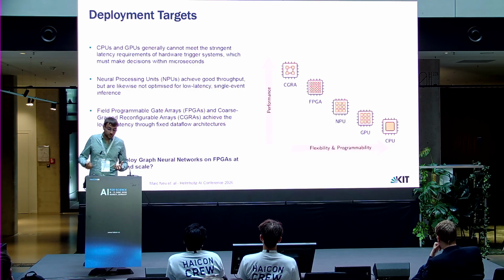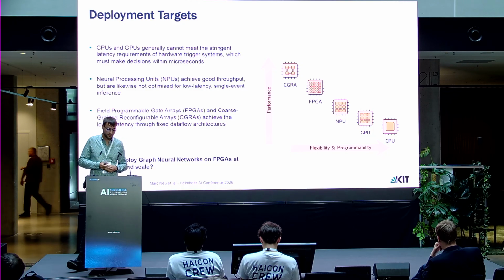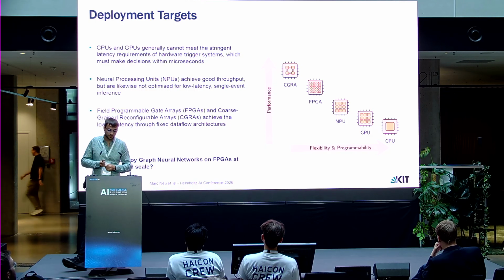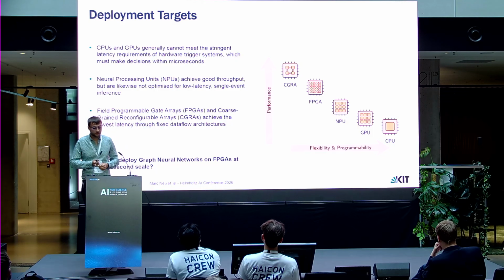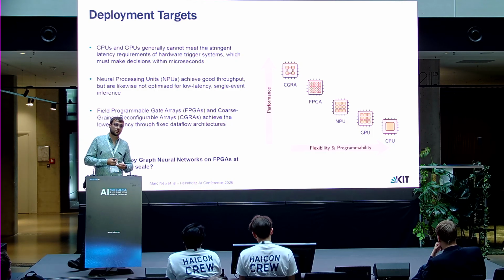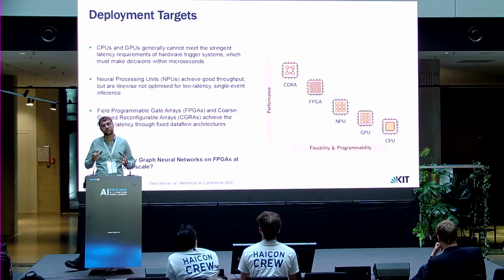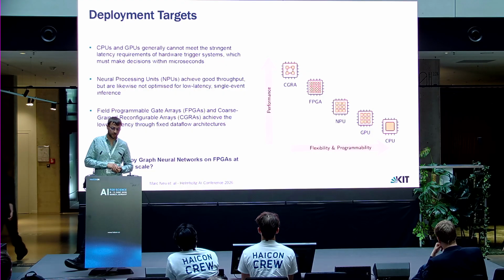They achieve good throughput, but they are also not optimized for low latency inference and not necessarily for single event inference. That's why in this domain we usually work with field programmable gate arrays and/or coarse-grained reconfigurable arrays, which allow us to map the network as a dataflow architecture directly on the hardware. So we build a custom hardware architecture without building a specific ASIC for it.